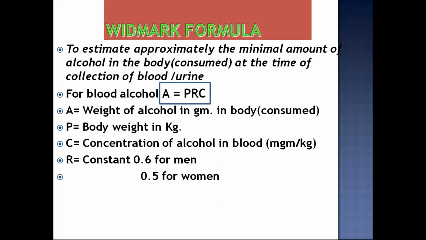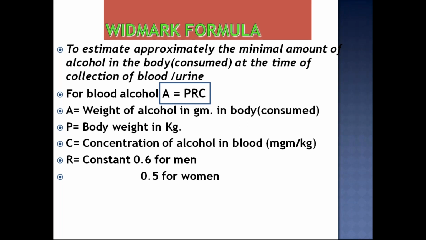A stands for weight of the alcohol in grams in body consumed. P is body weight in kgs. C is concentration of alcohol in the blood in milligrams per kg.